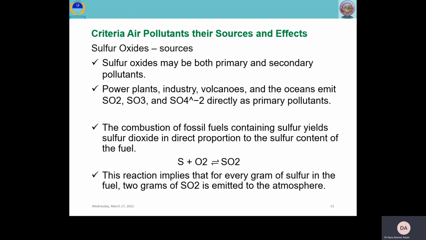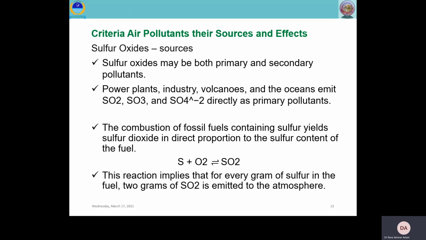The combustion process also emits sulfur oxides, and if you want to see the chemical reaction by which sulfur oxide, especially sulfur dioxide, is formed: when sulfur-containing fuels are burnt in the presence of oxygen, they emit sulfur dioxide.